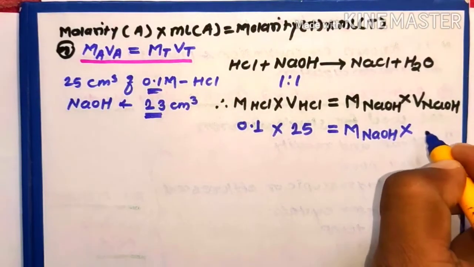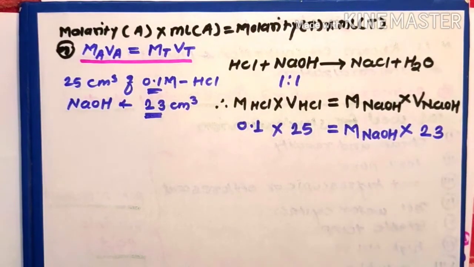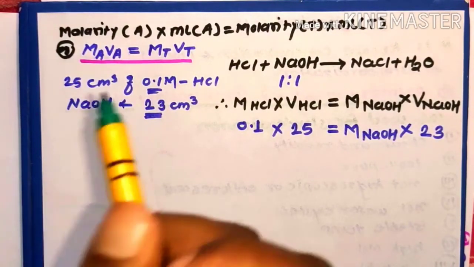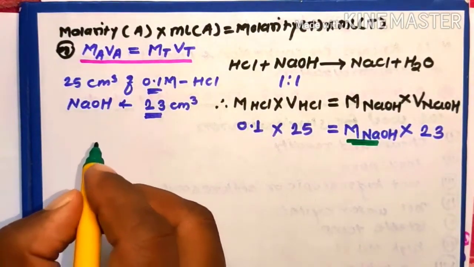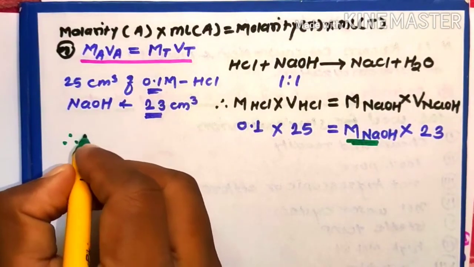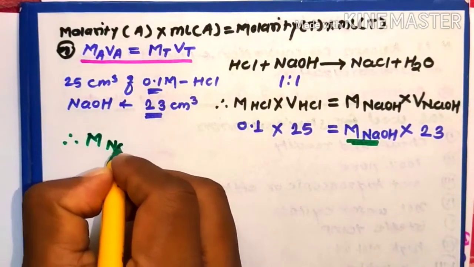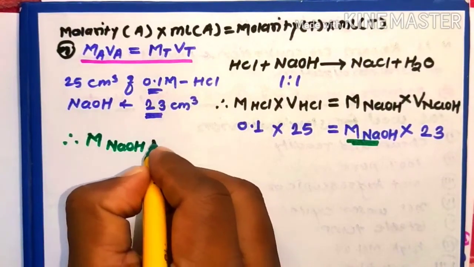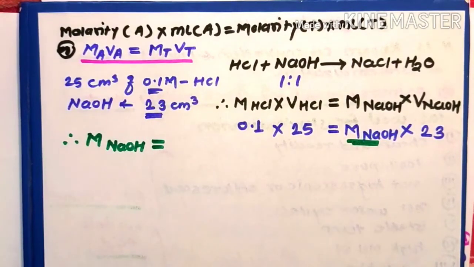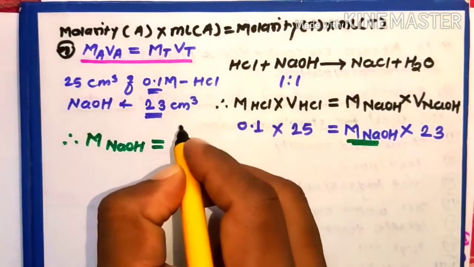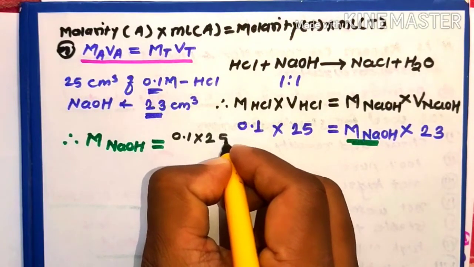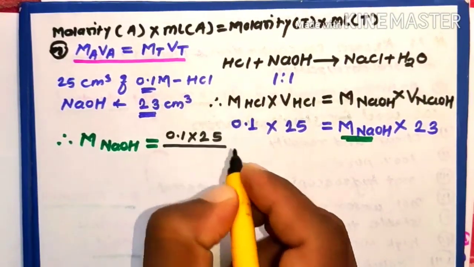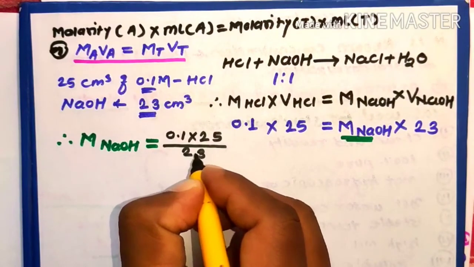Rearranging this equation to calculate the molarity of NaOH, the molarity of NaOH is equal to 0.1 into 25 divided by 23.